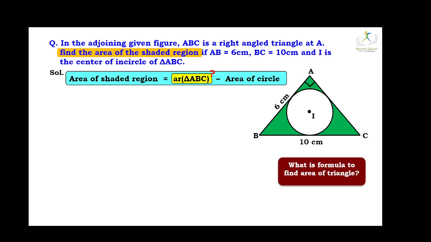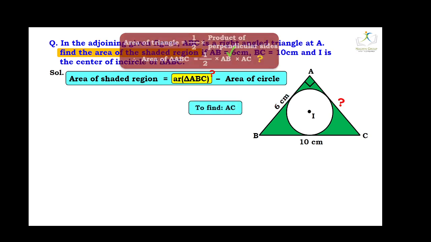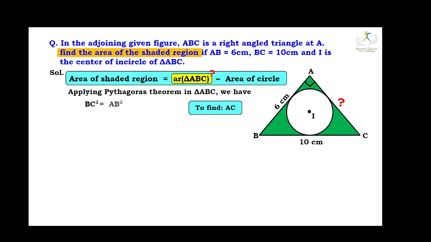First, how to find the area of the triangle? Half into base into height, the product of perpendicular sides. One side we know, 6 centimeter. What is your another side? AC. Since it's a right angle triangle, the hypotenuse is BC. So BC square equal to AB square plus AC square.